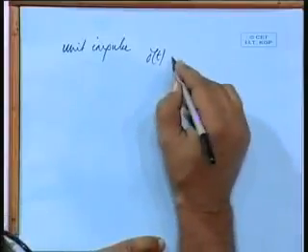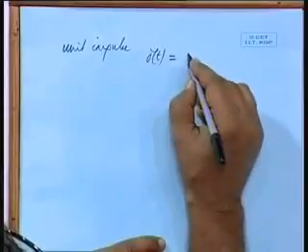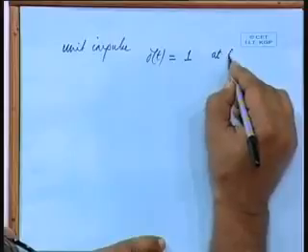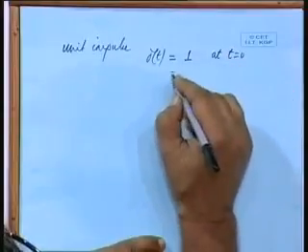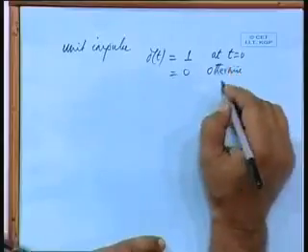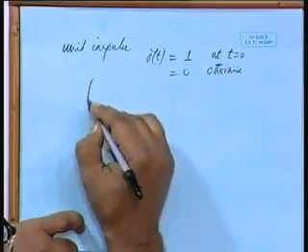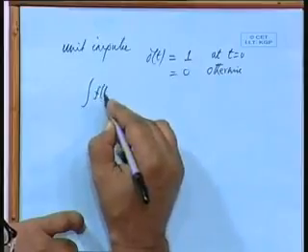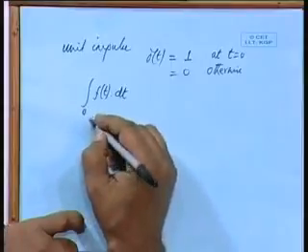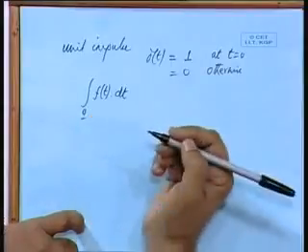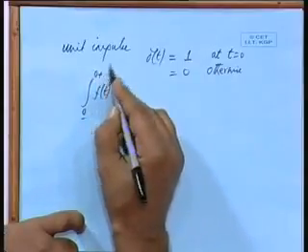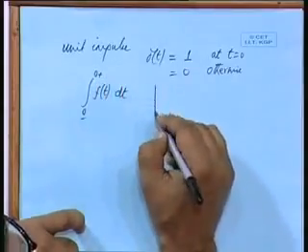This is a function whose value is 1 at t equal to 0 and equal to 0 otherwise, where this function represents the force. So this is from 0 minus to 0 plus, or you can write infinity, it really does not matter.